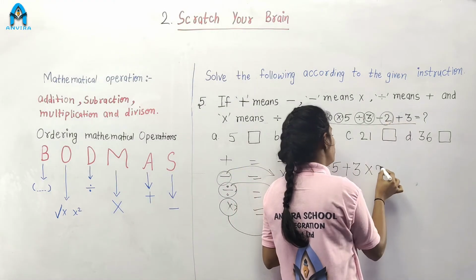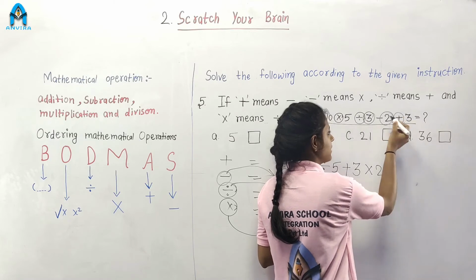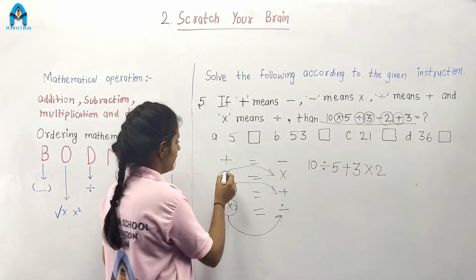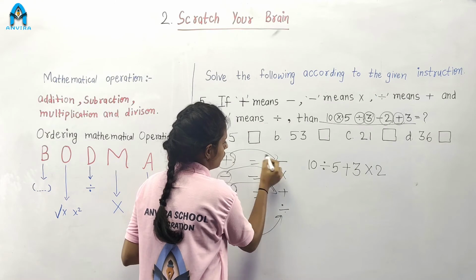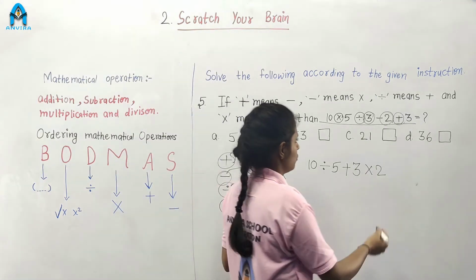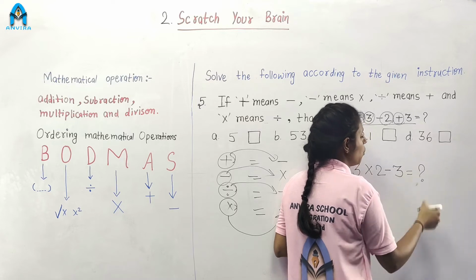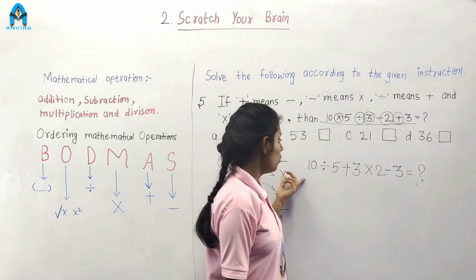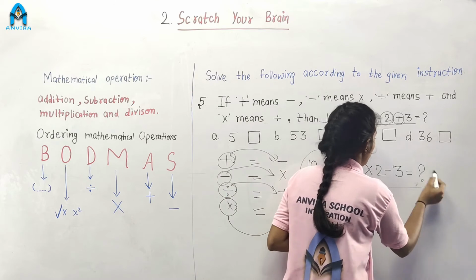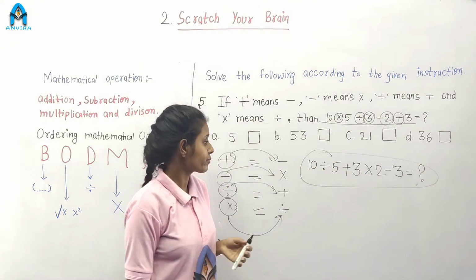Then number 2, then the sign of addition stands for minus. So minus 3 is equal to what? So now we have to solve this question.